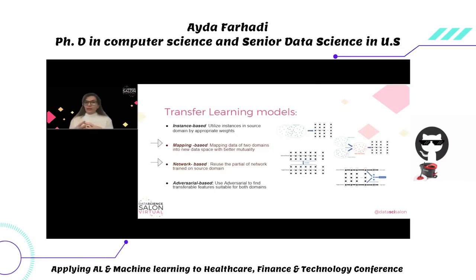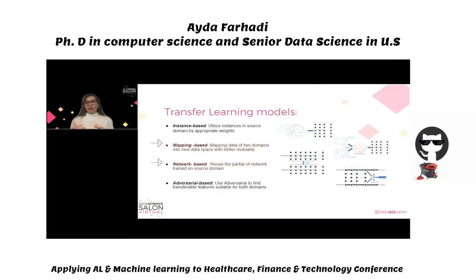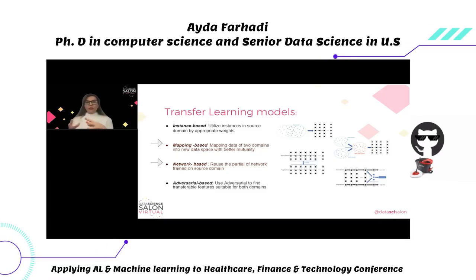This distance can be measured by different distance metrics, and there are different ways like KL divergence and Shannon divergence, in order to measure the distance between these two and see how compatible these features are to make transfer learning possible.